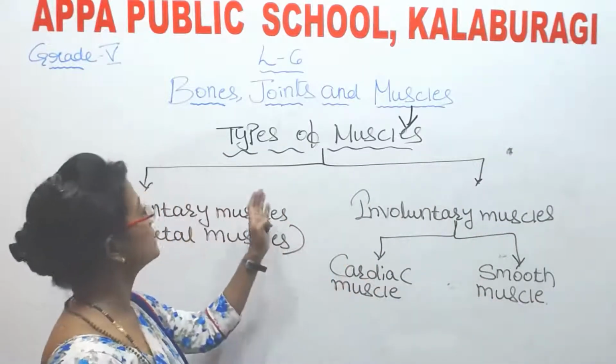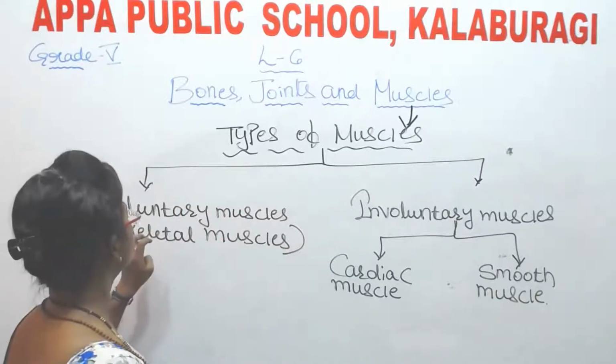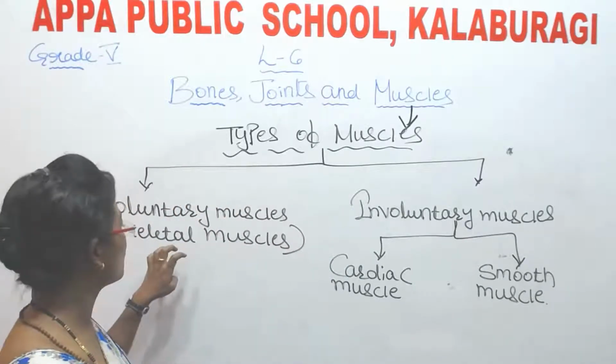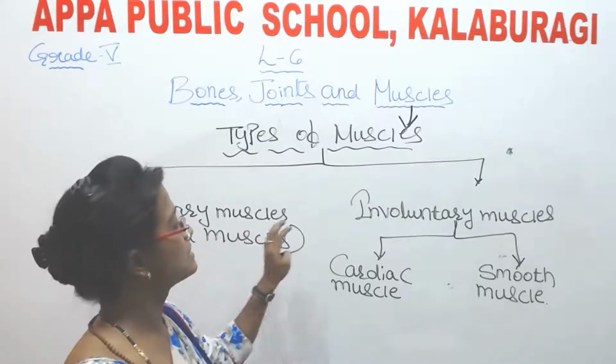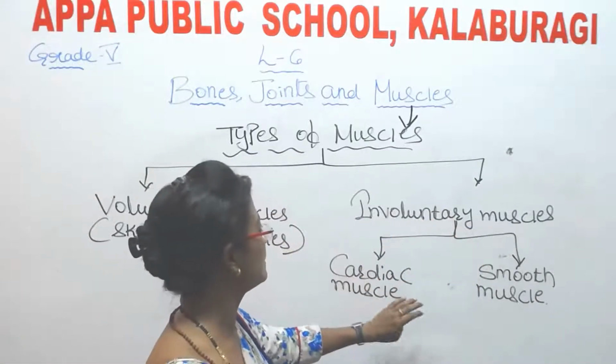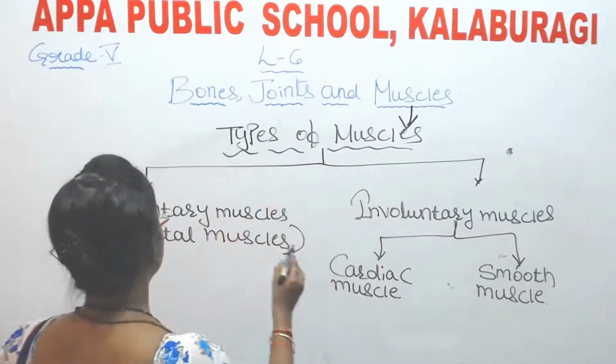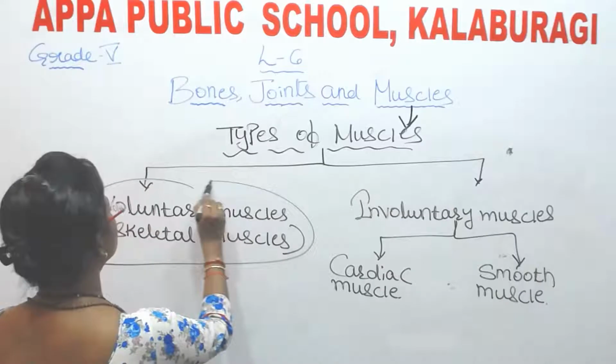So there are two types: voluntary or skeletal muscles, and involuntary muscles, which are divided into cardiac muscles and smooth muscles.